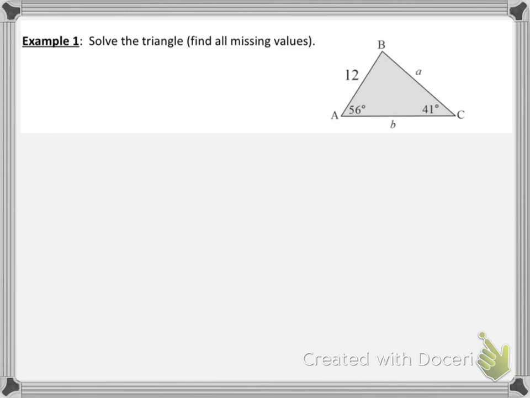Our angles will always be depicted by capital letters, and our vertices here are capitals A, B, and C. So what I want you guys to do is come over here, and on your note-taking guide, you can go to the far right of your note-taking guide in that blank spot, but your capital A is going to be 56 degrees. Your capital B, we don't have any values for it, so we'll leave it blank. And capital C is 41 degrees.